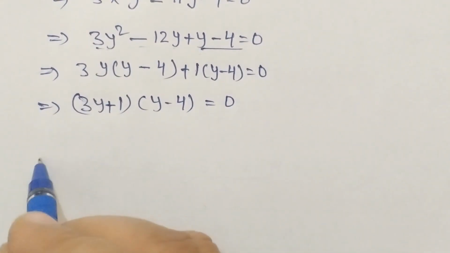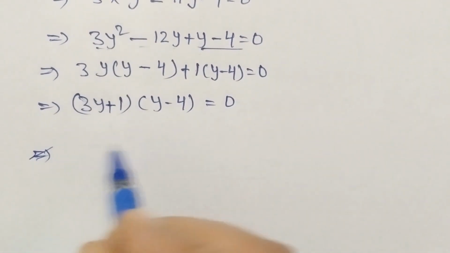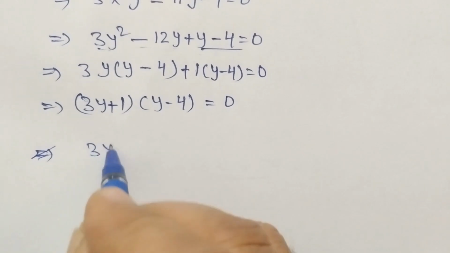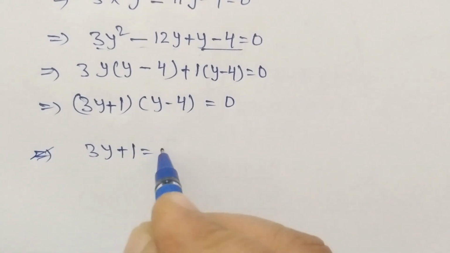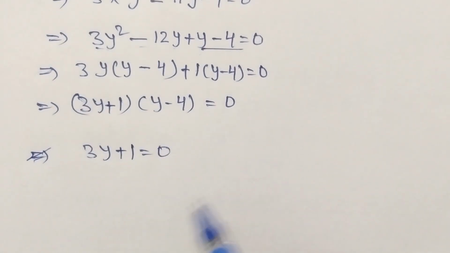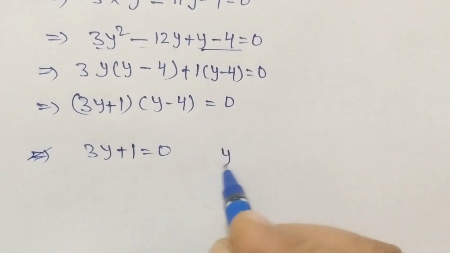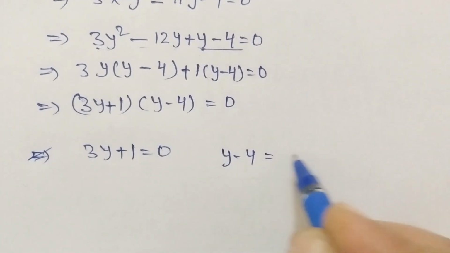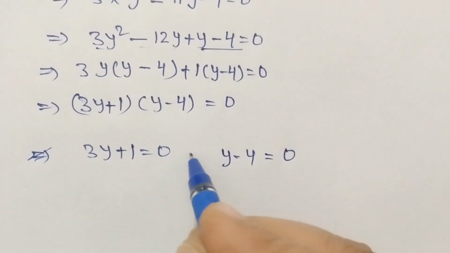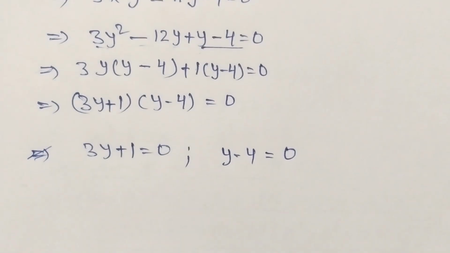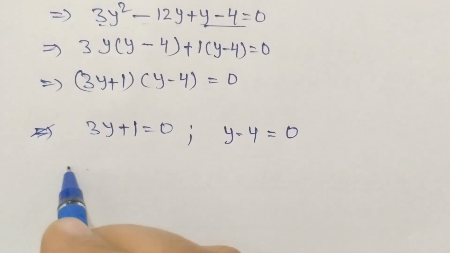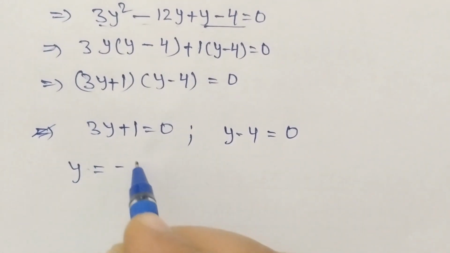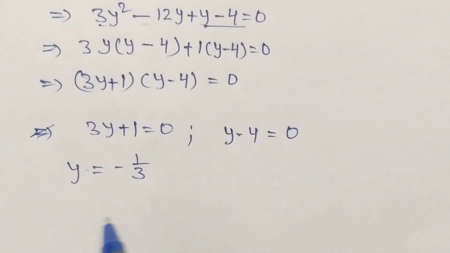Now we have two cases: 3y plus 1 is equal to 0, and y minus 4 is equal to 0. So y will be equal to minus 1 by 3.